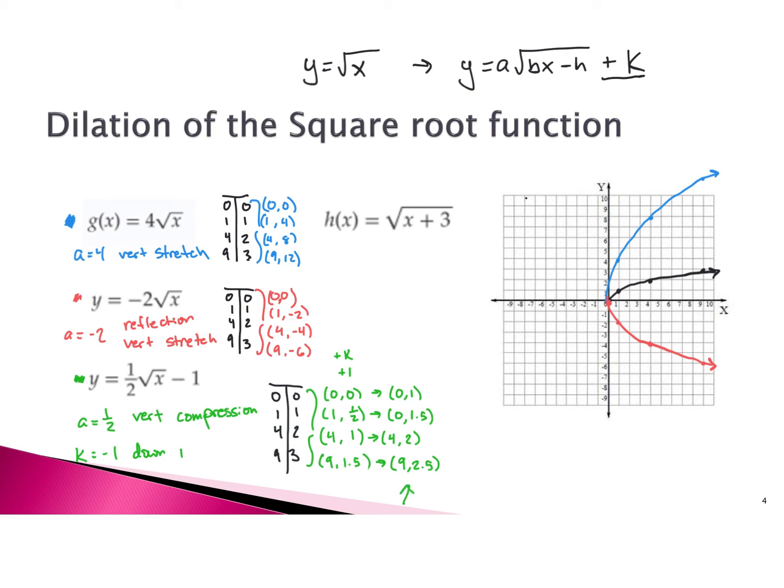So basically, I multiplied, then I added my values to the table. Okay, so I have 0, 1, and then, oops, math error. That should be a 1. Okay, 1 and 1.5. Now notice how my curve is going to end up being flatter than my other ones.